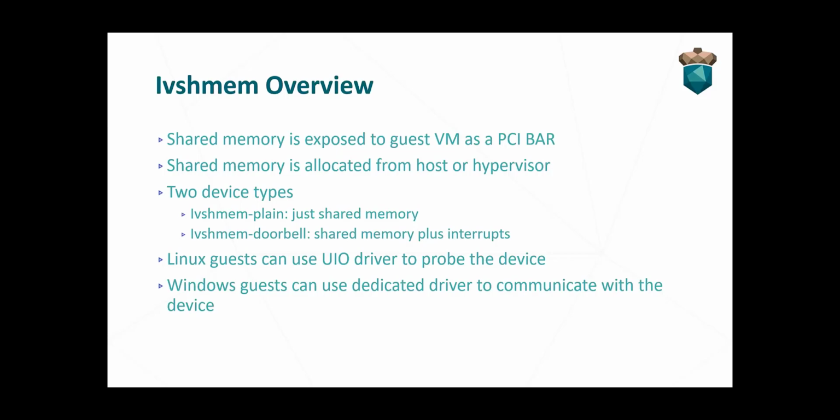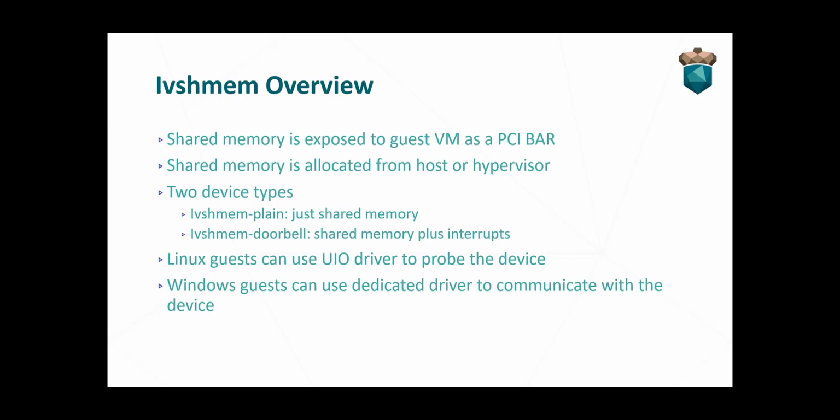The shared memory is allocated from the host side or the hypervisor side. In KVM, it is allocated from the host. And in ACRN, we also support hypervisor land inter-VM, so the shared memory can also be allocated from the hypervisor.